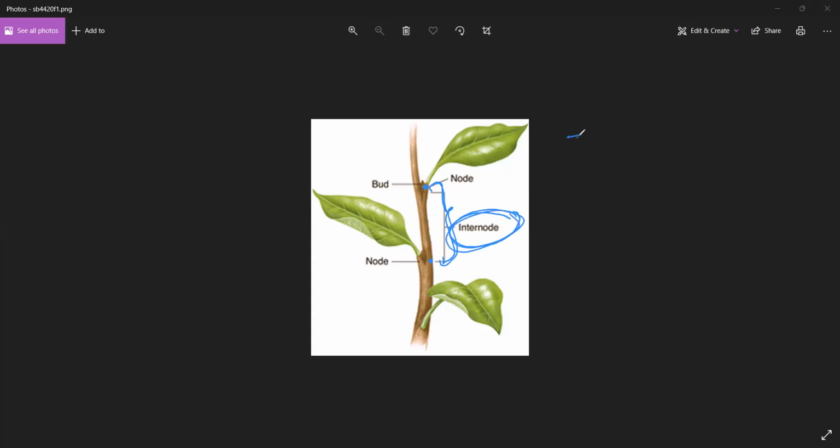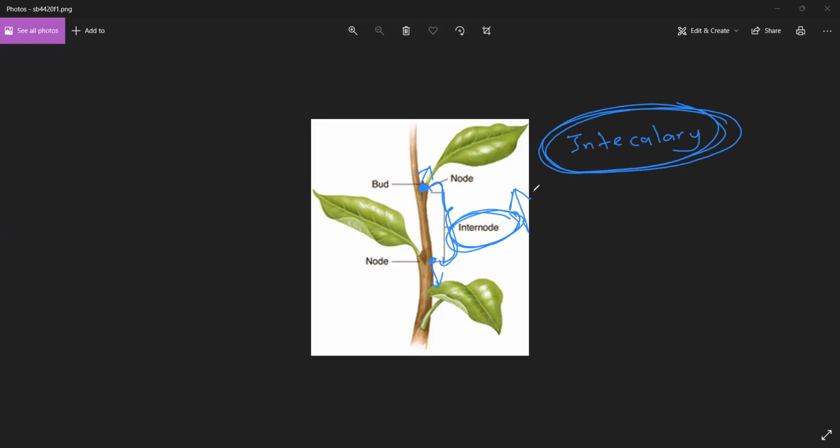So now we are having these intercalary meristems at these nodes. Okay, so now what will happen? They will start to grow, right? So when they grow, tell me what will happen. This internode also will increase in length.